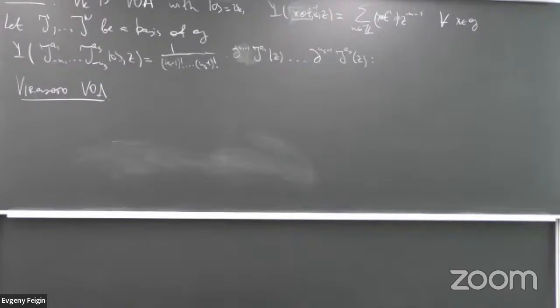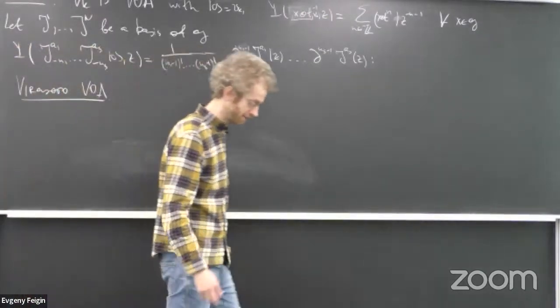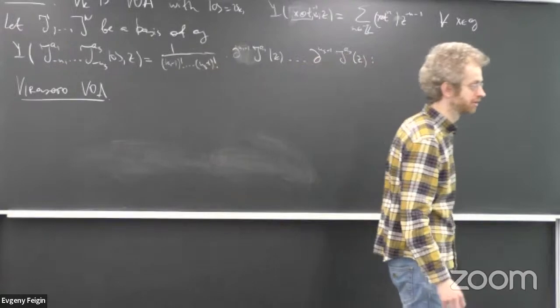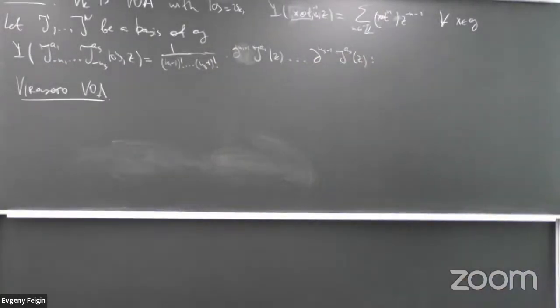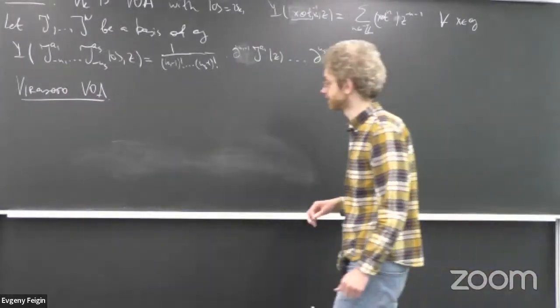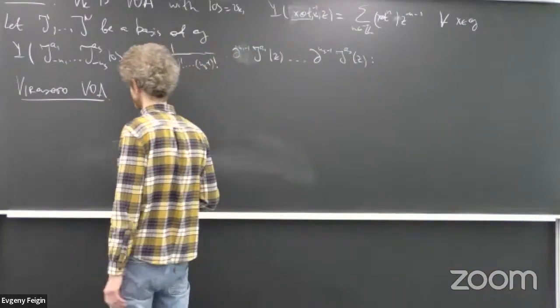In both cases, we start with the Lie algebra, infinite dimensional, and then we proceed with the vertex operator algebra, which is a more complicated object. However, the starting point is the Lie algebra. It's not really necessary, so in principle, one can have a vertex operator algebra not based on a Lie algebra. However, our first examples are of this sort. So let us continue in the same direction.